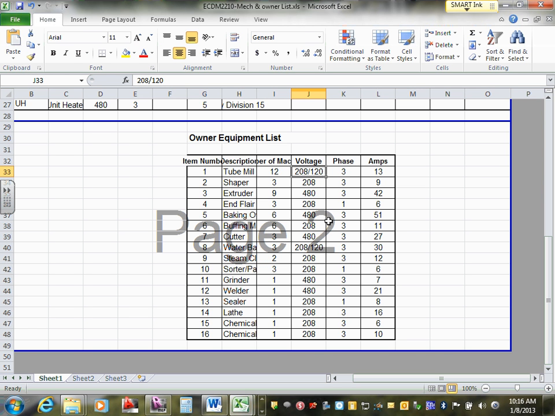So this is coming from taking the voltage here, which is 208, multiplied by the current, right? And then there's 1.73. Why do you think 1.73 is there, gentlemen?